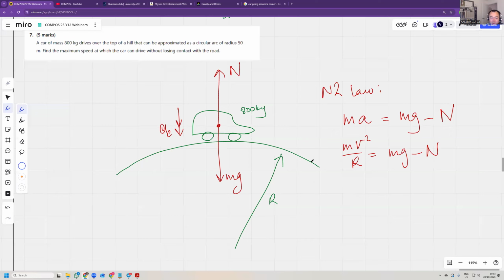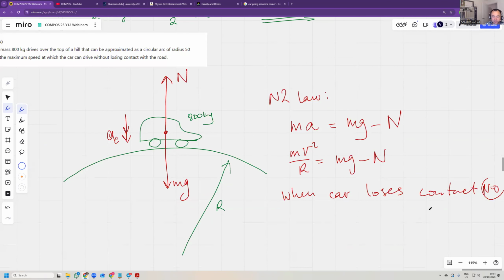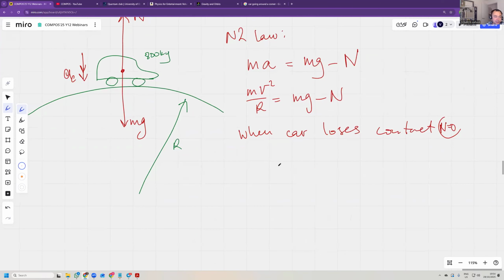Now, when the car loses contact with the road, you can imagine if the car goes really fast, it will just fly off. When the car loses contact, N becomes 0. And we can solve for that.